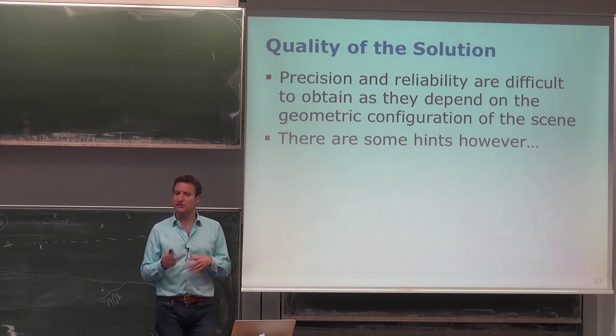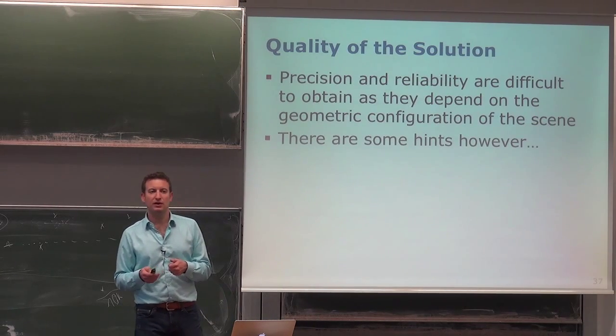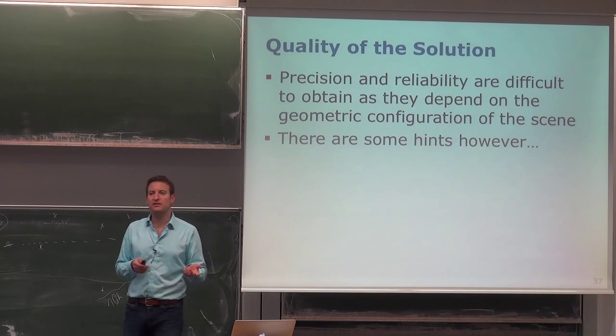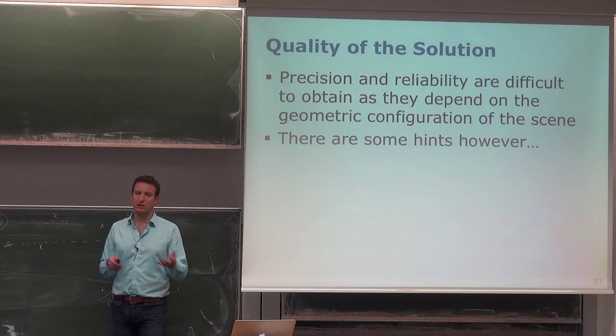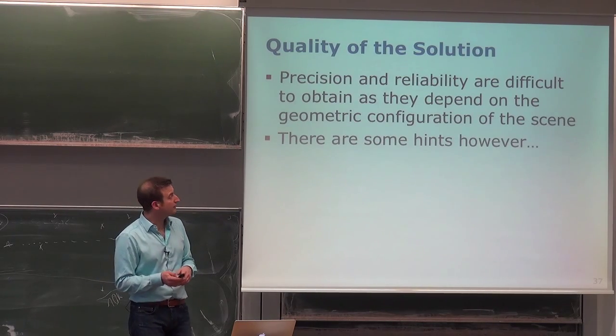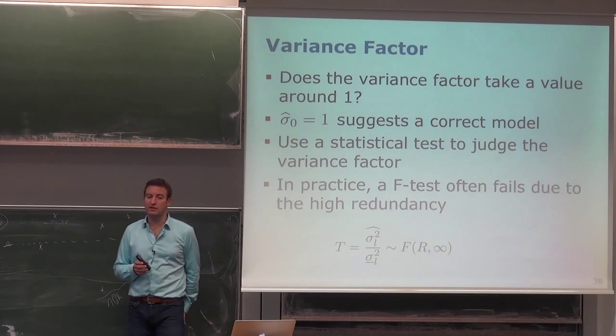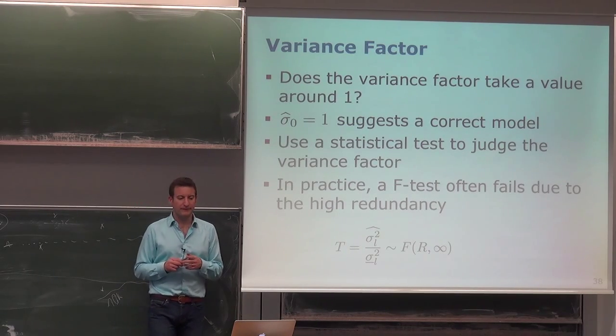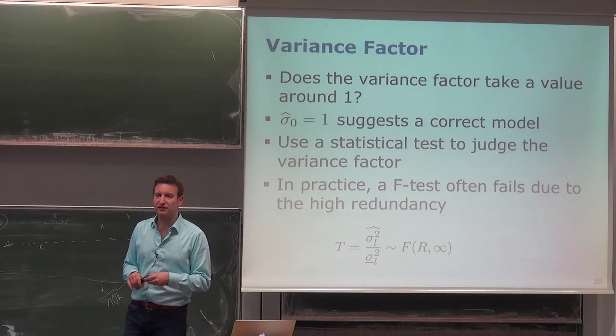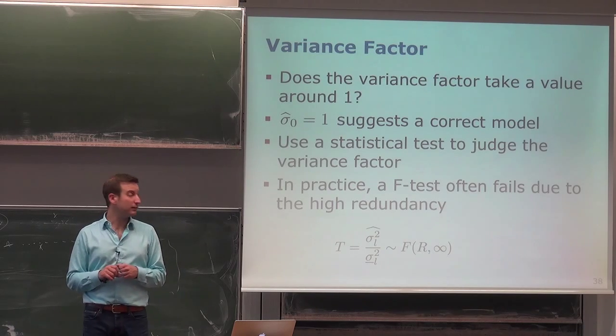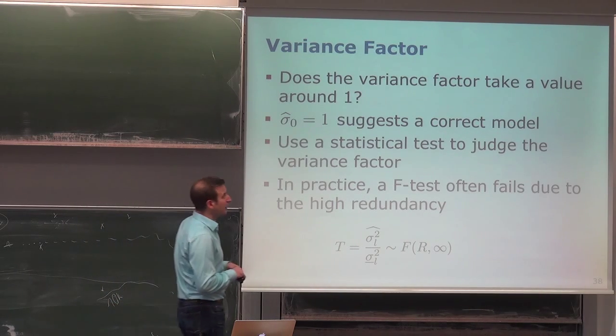There are, however, some hints that I could use in order to check whether my results are right. Is there a big mismatch between the model that I assumed and the results that I get? The first thing is I can look at the variance factor and ask myself the question: is the variance factor far away from 1, or does it take values around 1?